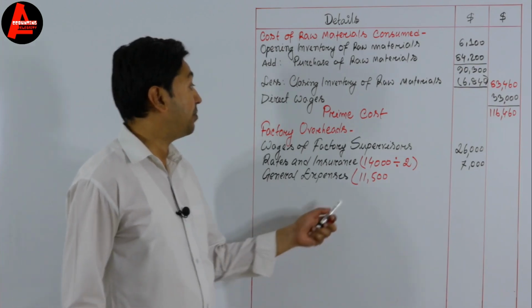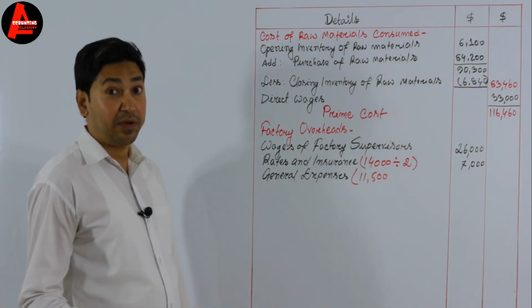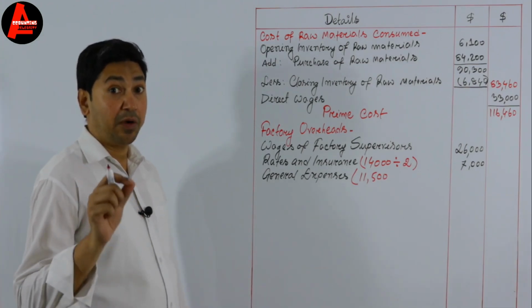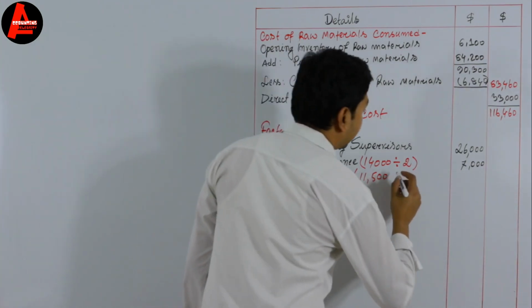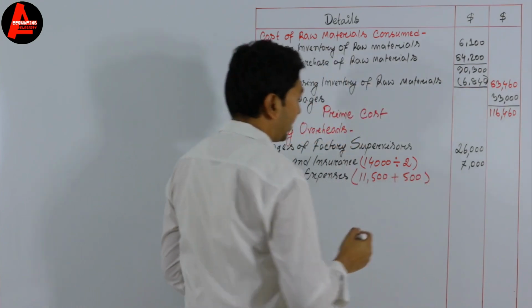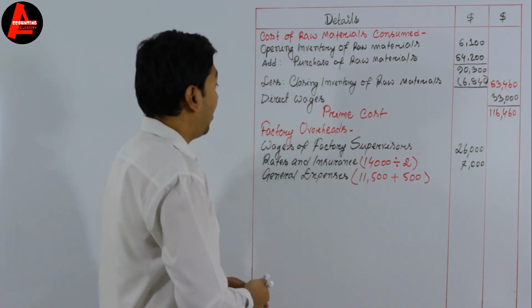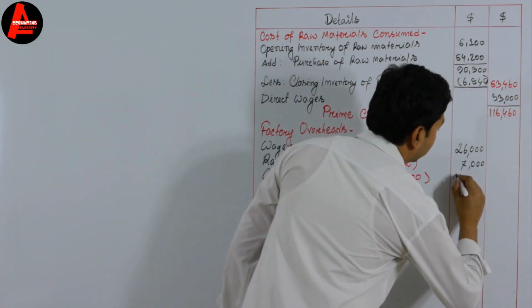Here we have balance $11,500 and unpaid amount is $500. Unpaid amount is always added. So let us add plus $500. Now how much comes? Now general expenses will be $12,000.